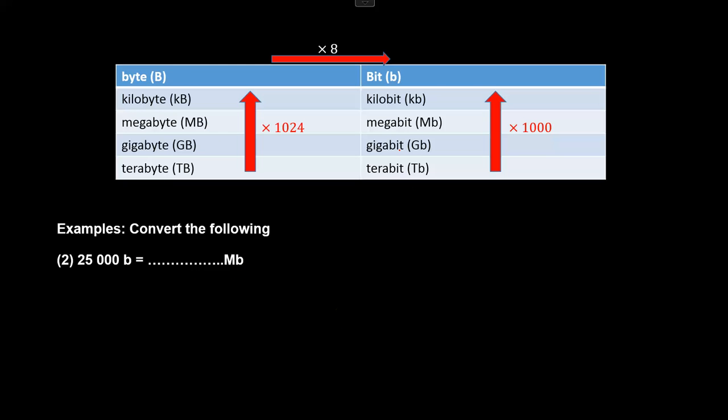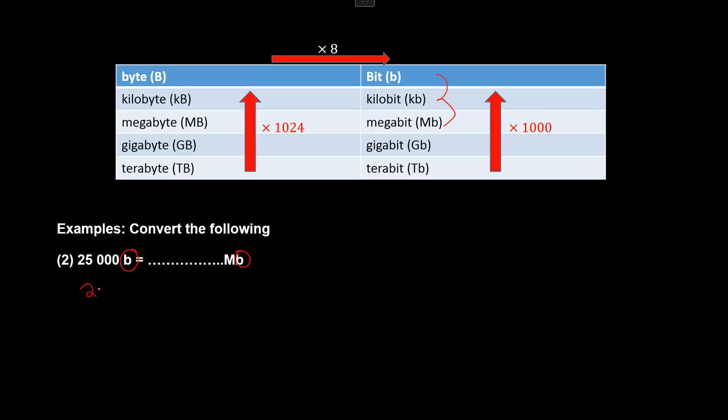In our next example, we're converting 25,000 bits into megabits. Now we can see they're bits because, again, we've got little b's here, and that stands for bits. So we're going to be looking at the right-hand side of the table here. Now, if we're converting from bits to megabits, we can see we've got to move down once, twice. And because we're going down, we need to divide by 1,000 twice.